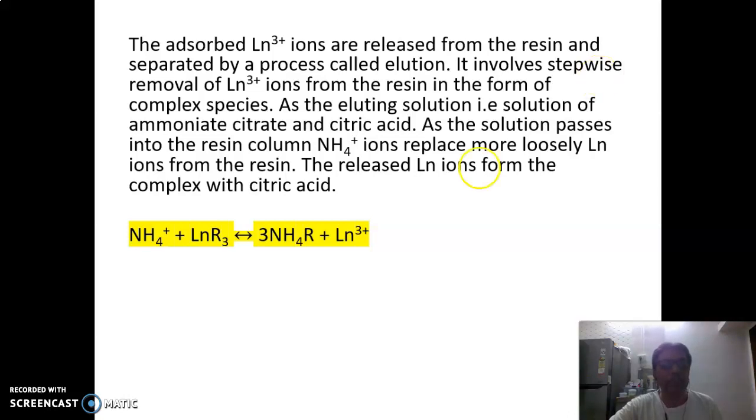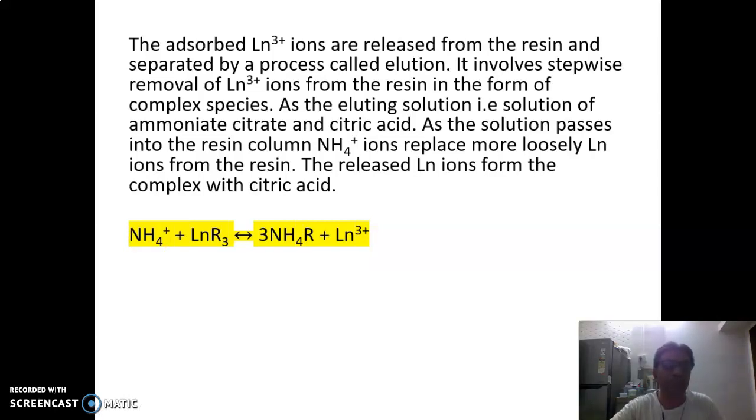So this cation, the ammonium ion, replaces the loosely held lanthanon from the resin column. The ammonium ions get attached to the resin column and the lanthanon ions get free. One by one the lanthanon ions are released from the resin column. So in this case also there is a cation exchange process. This happens now the second time.